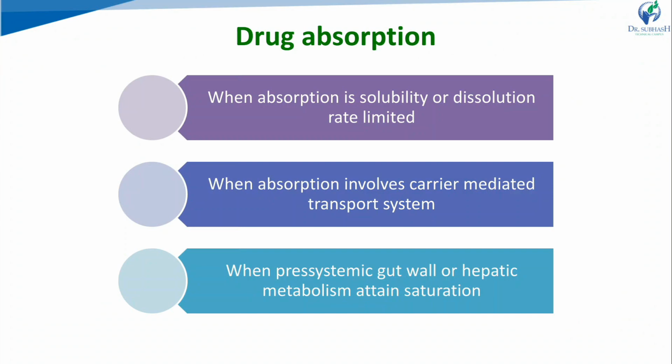The parameters affected are the fraction absorbed, bioavailability, absorption rate constant, Cmax and AUC. A decrease in these parameters is observed in the former two cases and an increase in the latter case. In the first two, these parameters decrease, like Cmax, AUC, absorption rate constant and bioavailability, but in the third case they increase.